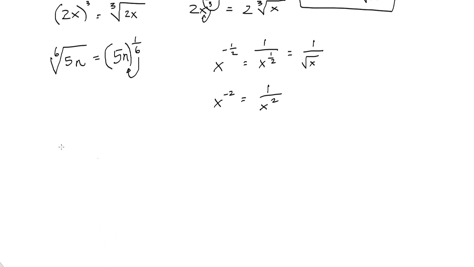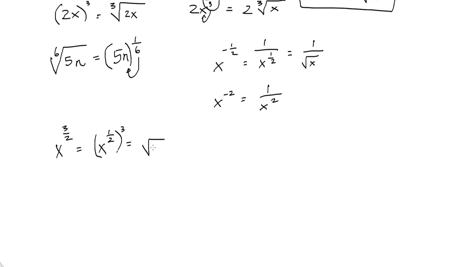Well, let's talk about it. What does it mean to have x to the 3/2 power? Well, not terribly complicated. All we need to do is rewrite it as x to the 1/2 to the 3rd. Is it 1/2 times 3? 3/2. Sure is.